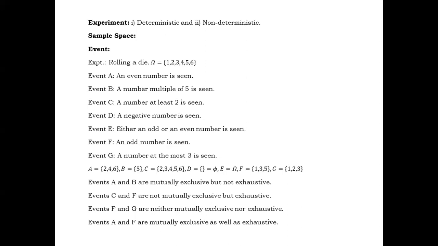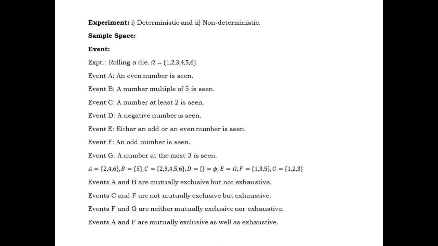C is at least 2, meaning excluding 1, all are there. D is a negative number being seen, so there is no outcome favorable to event D. So it is called an empty or an impossible event, because whenever the experiment is performed, that event is never going to occur, and hence its probability is 0.